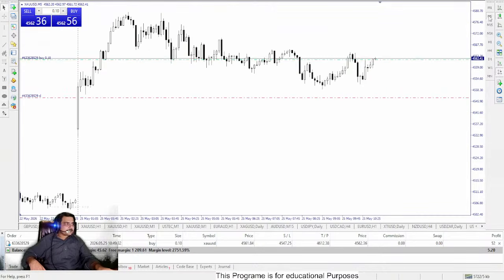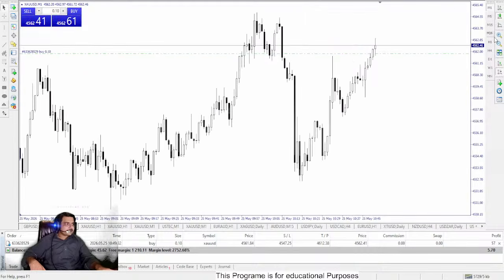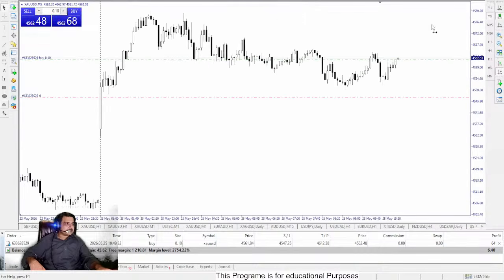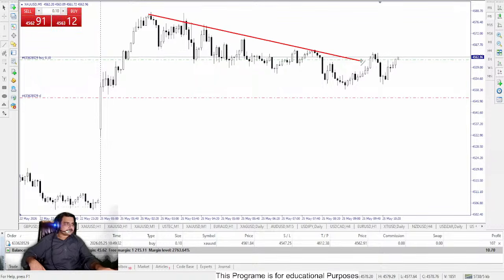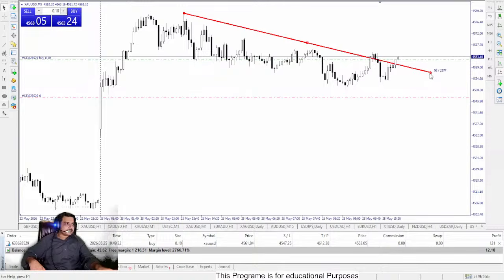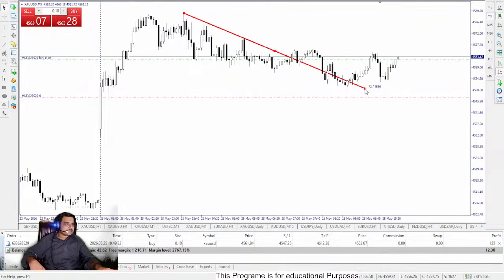I'm coming to the bigger stuff later. First let's see this one. One time false breakout, this time let's see if it is false or if it is true. Let's see if it makes sense this way. Yes, pretty much this way it also makes sense.